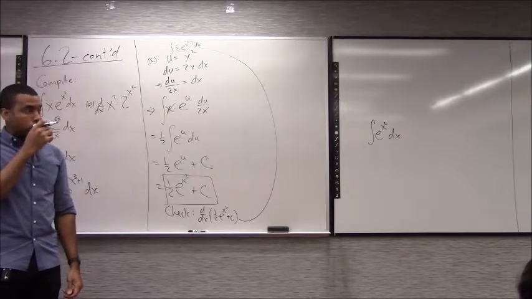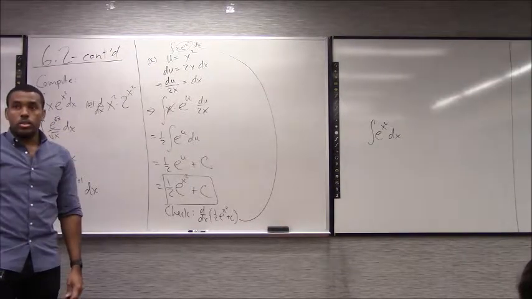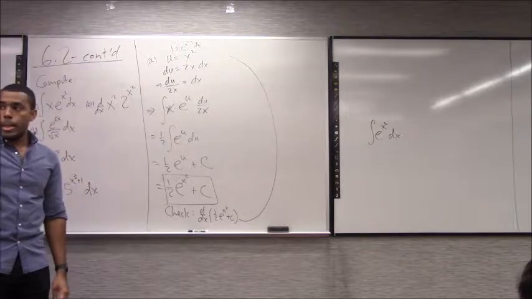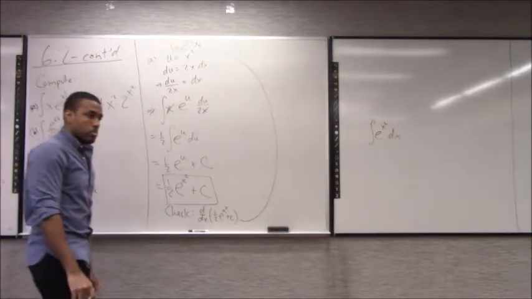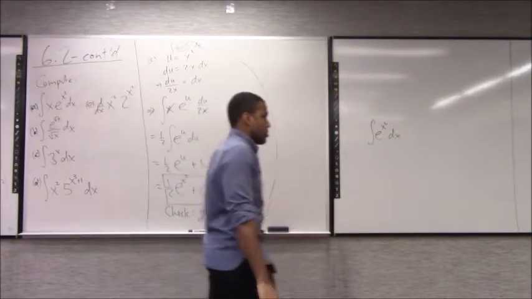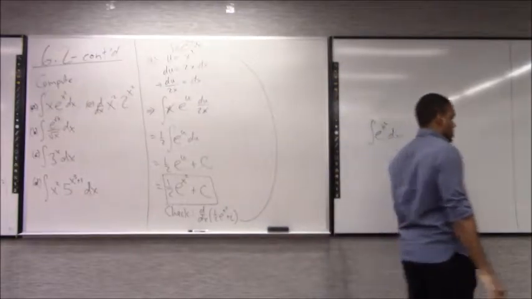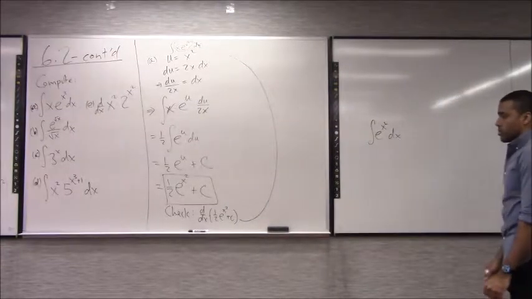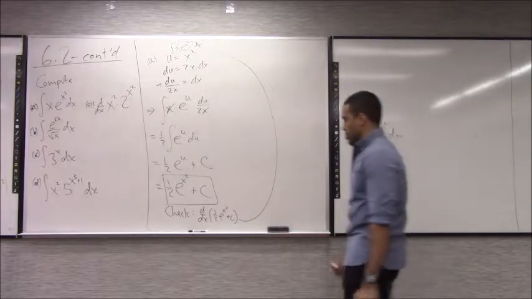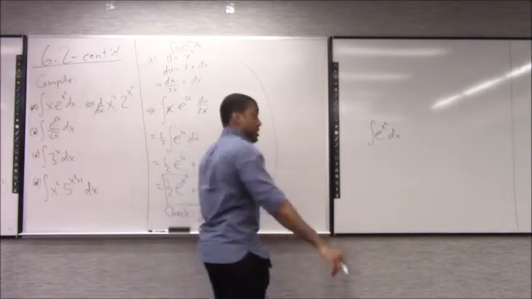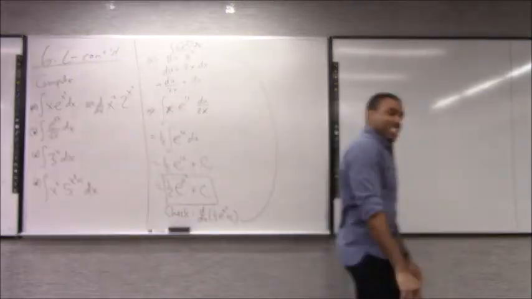Let's say it was e to the x squared by itself. What would you do? And the answer is it can't be done. So that's a trick question.